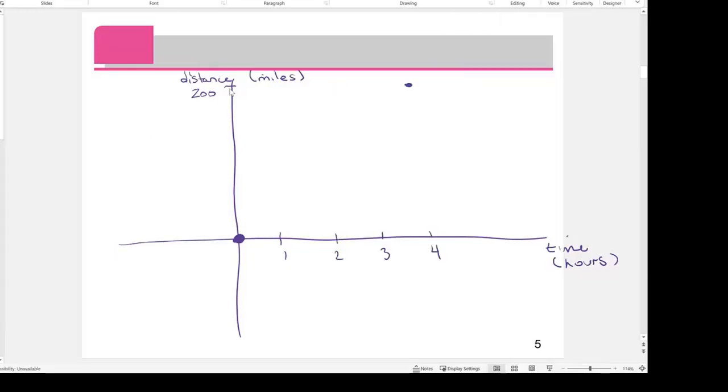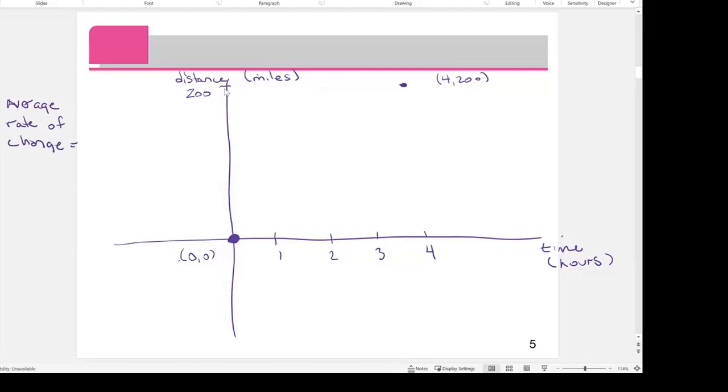The average rate of change, if I connect these 2 points, since this is 0, 0, and this is 4, 200, then my average rate of change would be the slope of this line, which would be 200 miles divided by 4 hours, which would be 50 miles per hour.